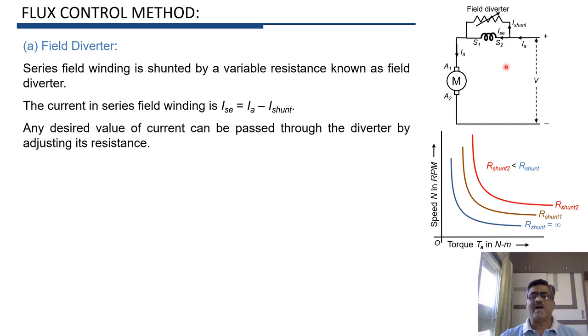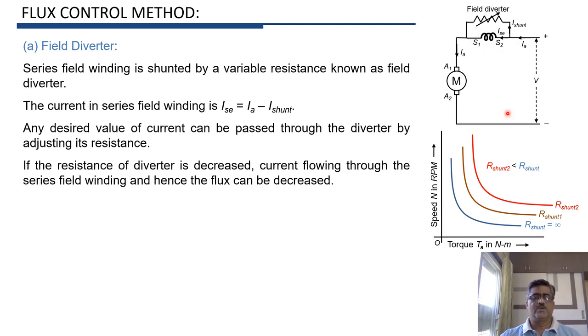So therefore, by adjusting the value of field diverter resistance, we can adjust I shunt and remaining current will flow through the field winding. So any desired value of current ISE can be passed through the field winding and desired amount of flux can be produced.